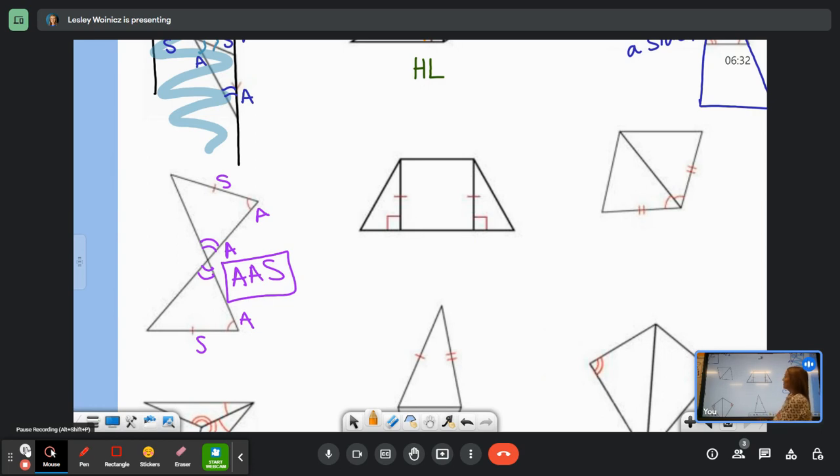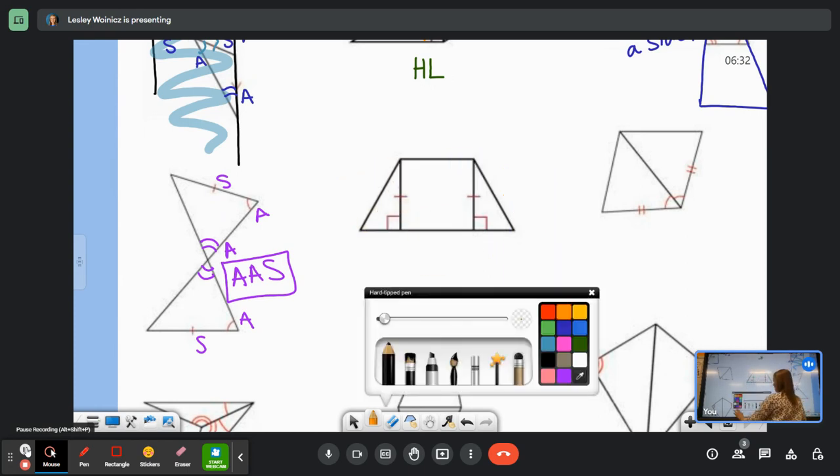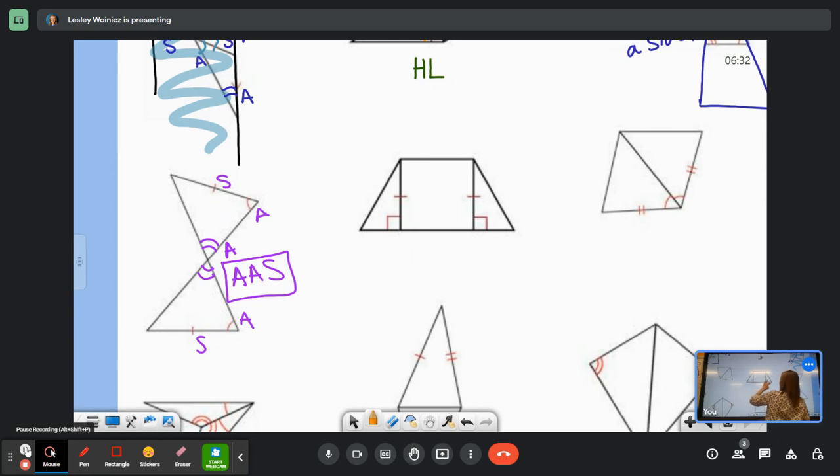Okay, this one looks like it wants to be hypotenuse leg, but we don't have the hypotenuse. If we had this side here, we could use side angle side, but we don't have either of those. So the information here is that we either need the other leg or the hypotenuse.